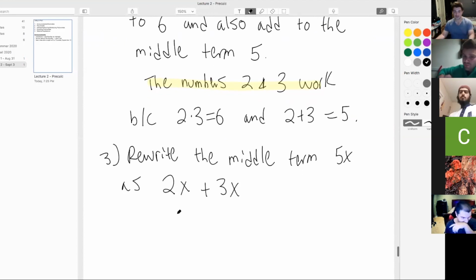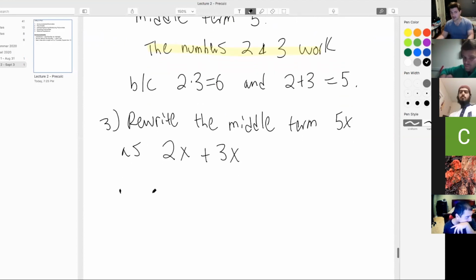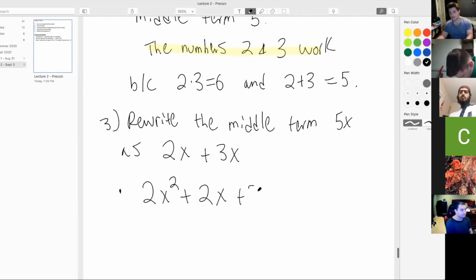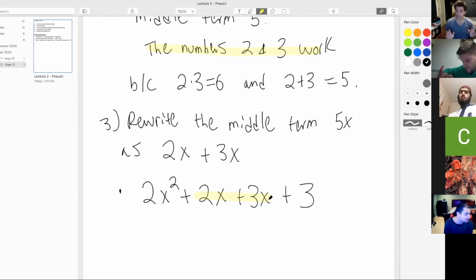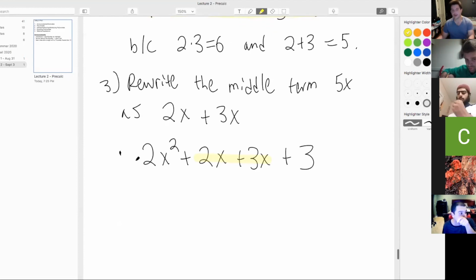This will give 2x squared plus 2x plus 3x plus 3. I didn't change the value of the polynomial, I just rewrote 5x as 2x plus 3x. Awesome.